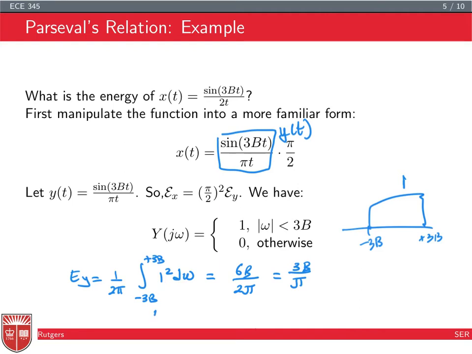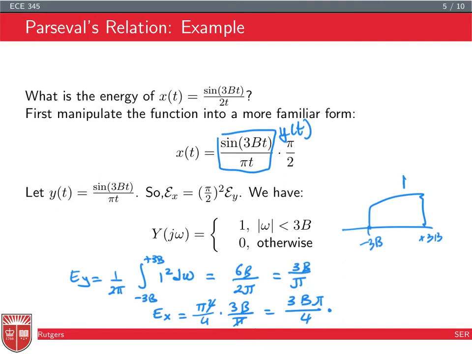And now I can compute E of x, which is pi squared over 4 times 3b over pi, and I'm going to get the energy of x to be equal to, simplifying, 3b pi divided by 4.